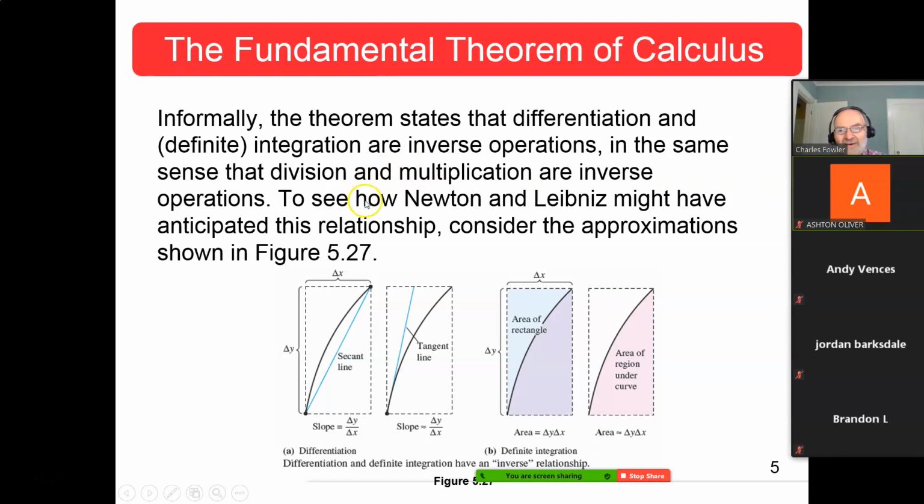So, now, to see how Newton and Leibniz might have anticipated this relationship, consider the following approximations shown here. Now again, both of these standing by themselves are absolutely true. It's just making the connection between the two is not that intuitively obvious to me.